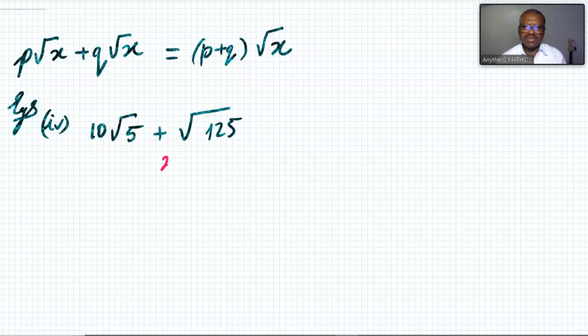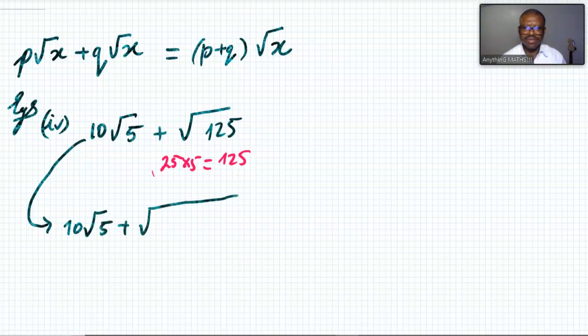We can write 25 times 5 as 125. So it means we can do something. Because 25 is a square, and we take the square root, it's going to be 5. But the other one is going to be a surd. So it's going to work. So it means this actually becomes 10 root 5 plus the square root of 25 times 5.